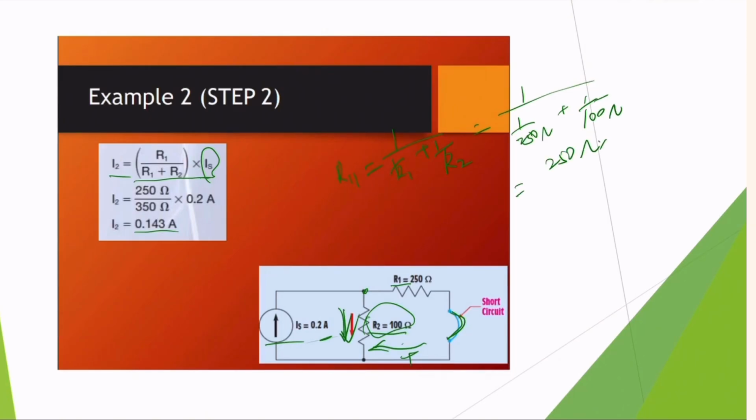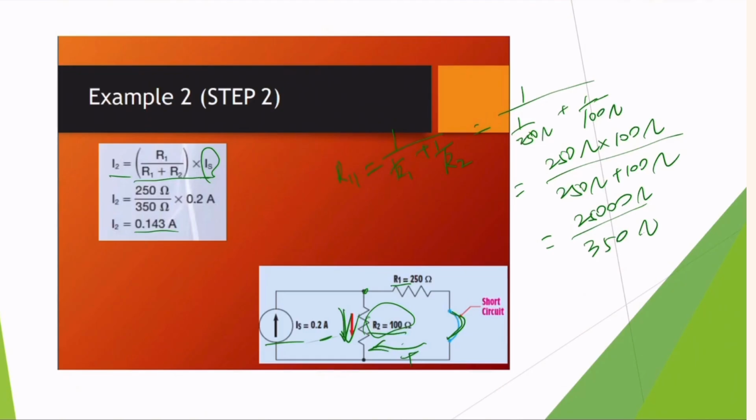So that's 250 ohms times 100 ohms divided by 250 ohms plus 100 ohms, 25,000 divided by 350, which is 71.4 ohms. And then we can get the voltage by using Ohm's law, parallel resistance times the current source: 71.4 ohms times 0.2. That will give us 14.3 volts.